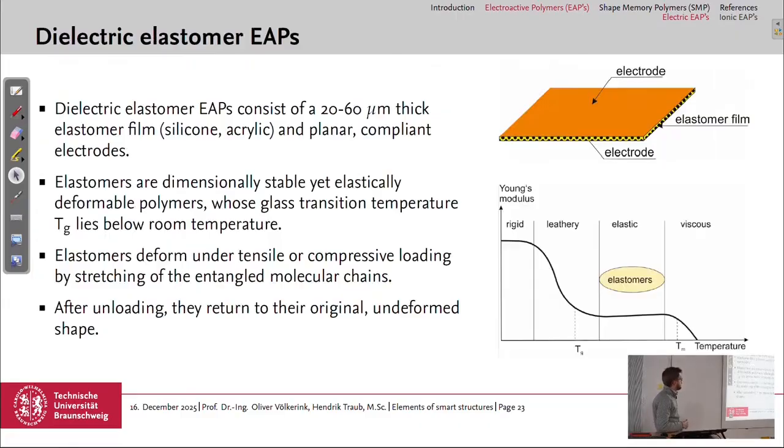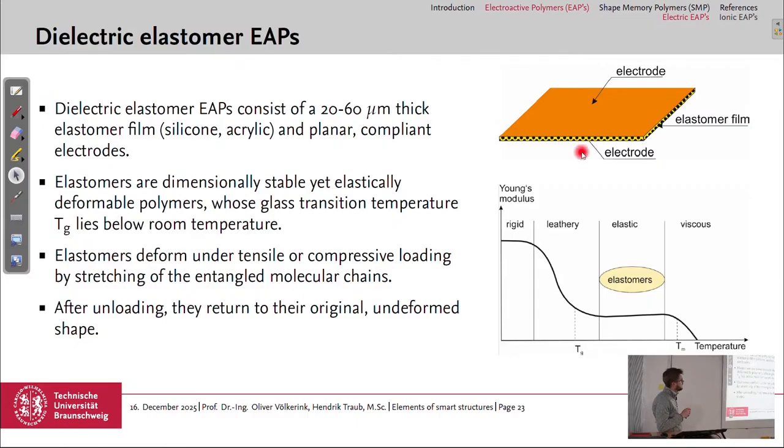Okay, next class of electroactive polymers. Now the dielectric elastomers, which are also electric EAPs, but not piezoelectric. They consist of 20 to 60 micrometer thick elastomer films, for example silicone or acrylic, and they have planar compliant electrodes.